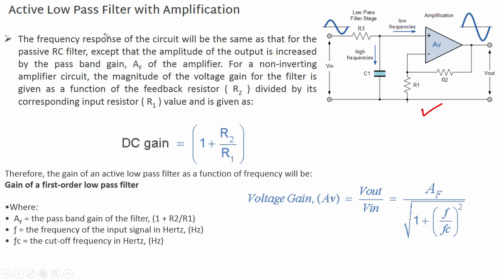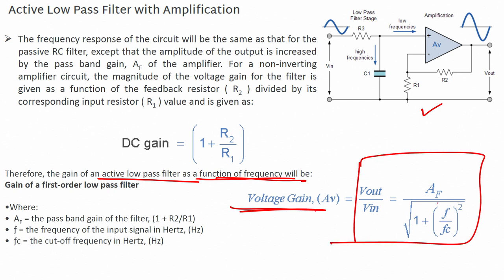Therefore, the gain of the active low pass filter as a function of frequency will be voltage gain equals V out by V in equals AF by the square root of 1 plus (F by FC) whole squared. This you have to remember; this is the voltage gain of the active low pass filter.